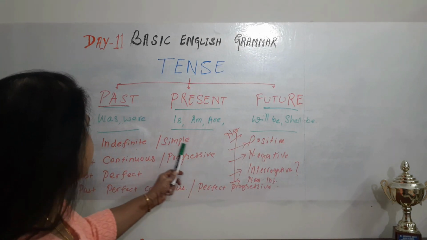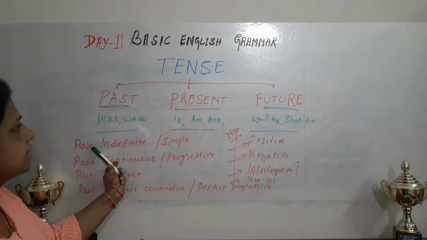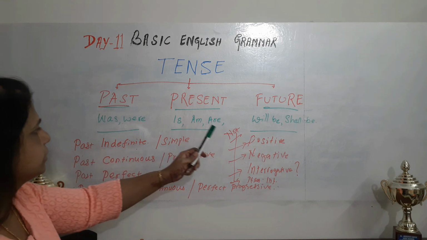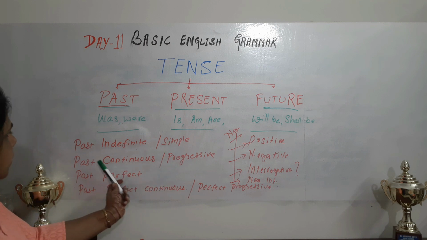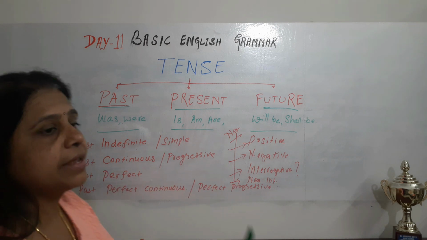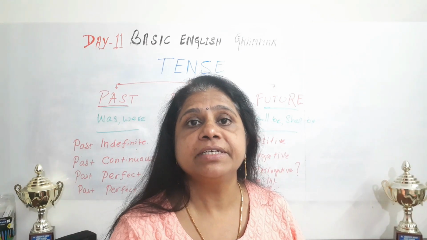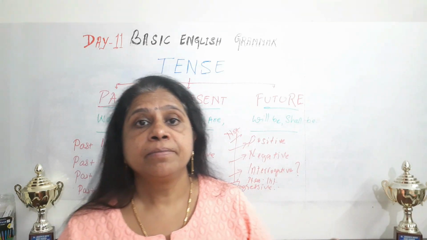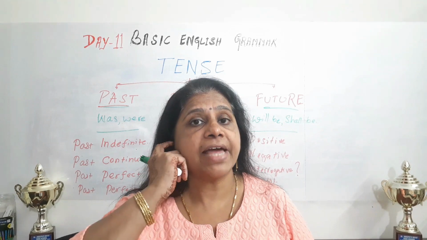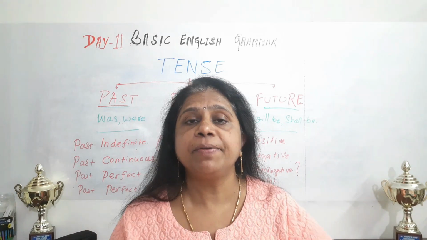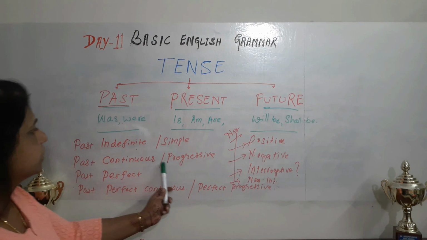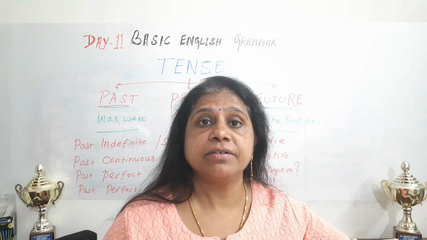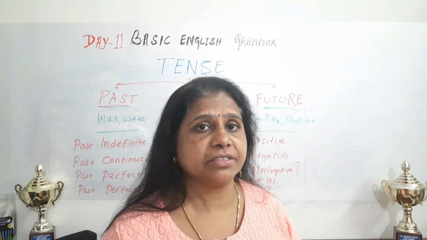Coming to future, again it will be a simple sentence, simple indefinite tense. Continuous will be like going on, the action, the work will be happening in future. Something like I will be reading, that will be continuous, right?